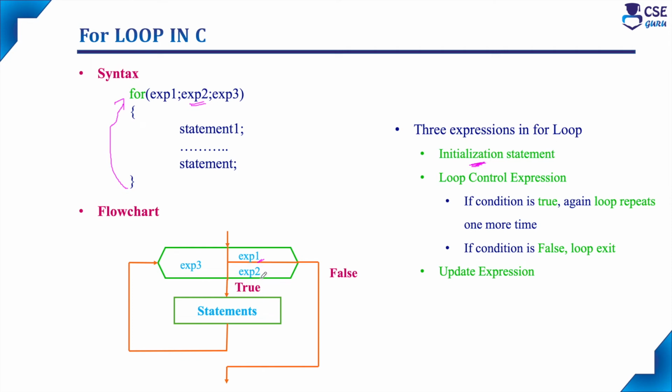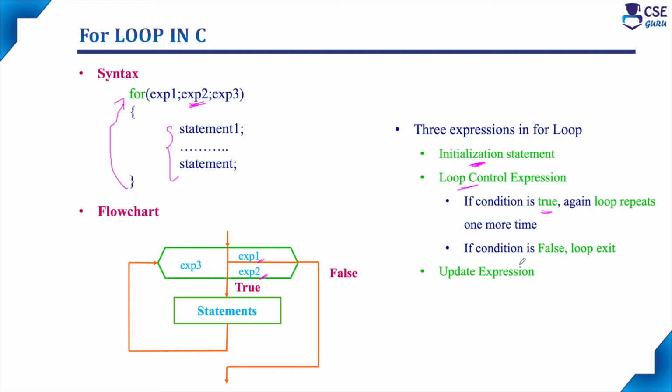Then expression 2. So expression 2 is nothing but the loop control expression. This is the main part in for loop which decides the execution of the for loop. So if the loop control expression is evaluated to true means the body of the loop will execute. So until the loop control expression is evaluated to true, the body of the loop will execute continuously.